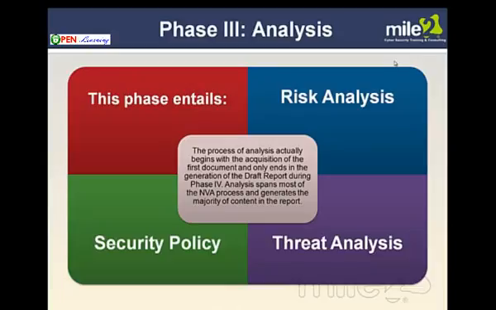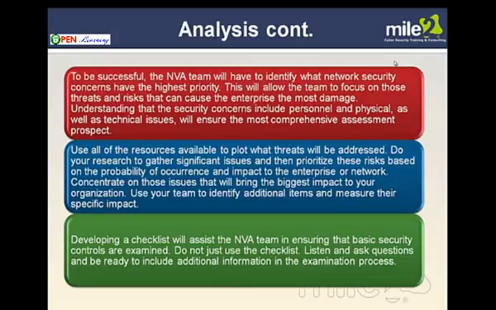Phase 3 would include risk analysis, looking at security policies, threat analysis. Continuing with analysis, they'll have to identify what network concerns have the highest priority. And of course, we try to look at those systems that we think would be impacted the most. There's going to be a sort of a triage or priority.